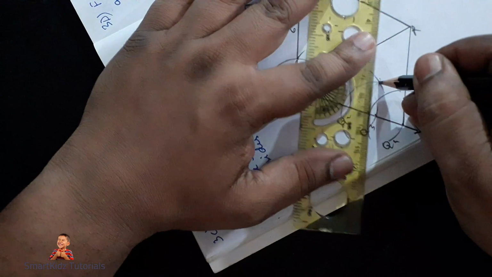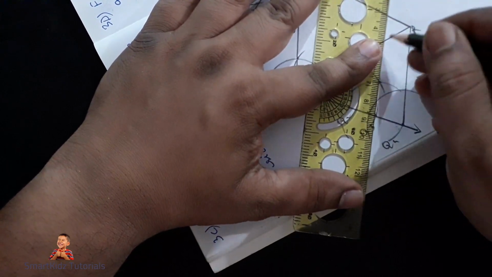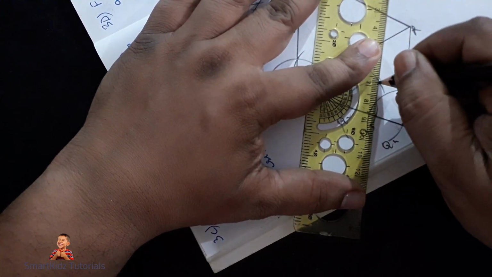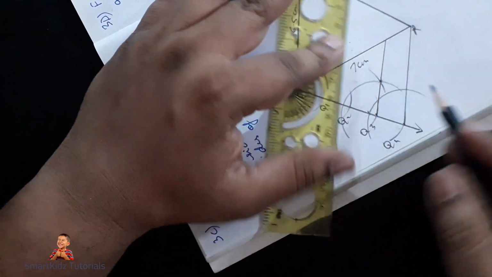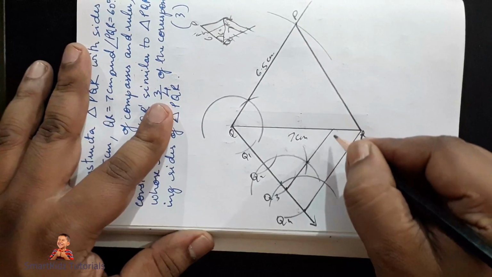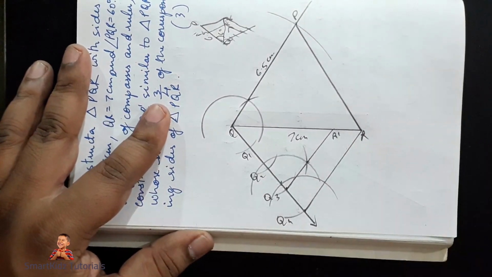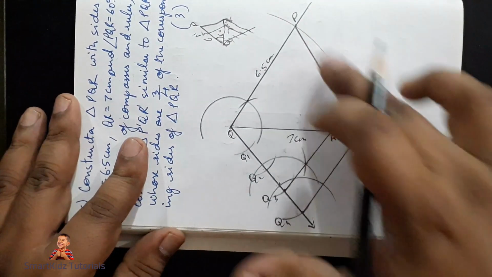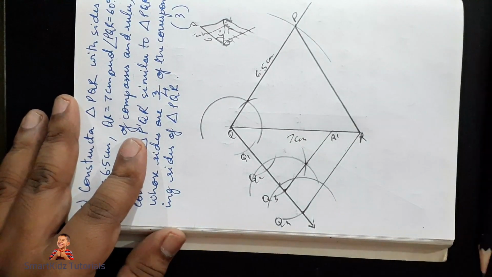Show you. Okay, here you go, such that this line is parallel to this line, and we'll name this point R dash. Similarly we have to do the same thing over here for PR.